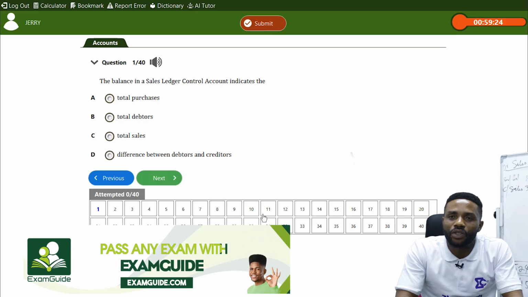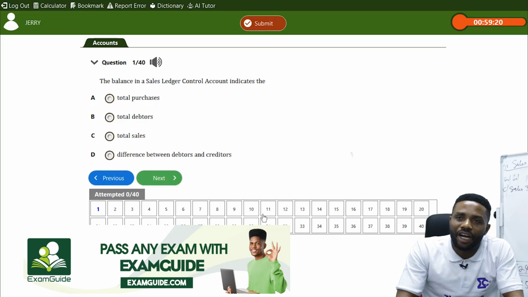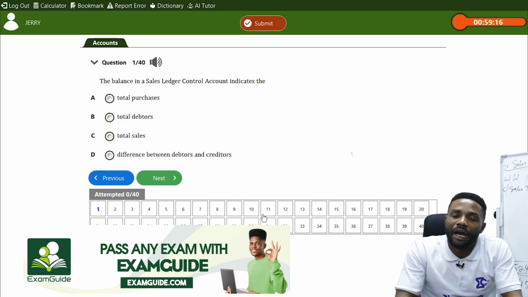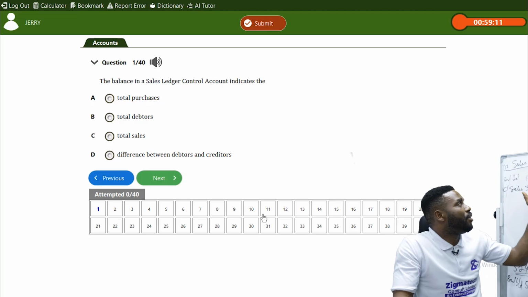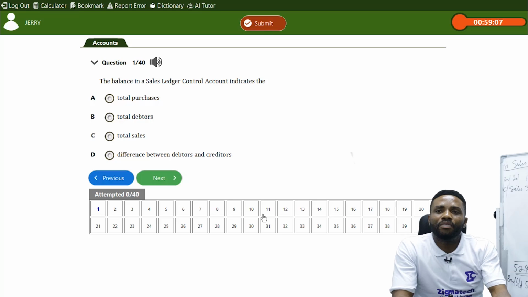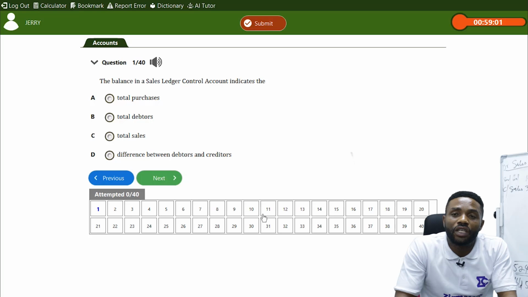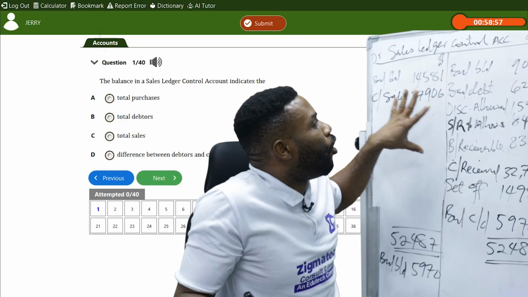difference between debtors and creditors. The balance in the sales ledger control account indicates total purchases. It cannot be total purchases because what we are dealing with here is sales. So that one is out. It cannot be the difference between debtors and creditors because you can't have both of them on this account.